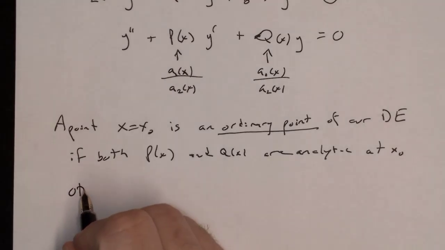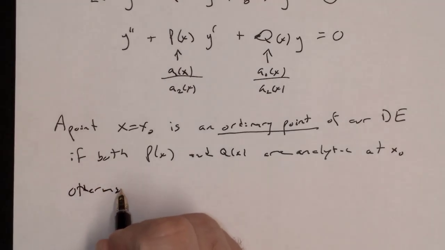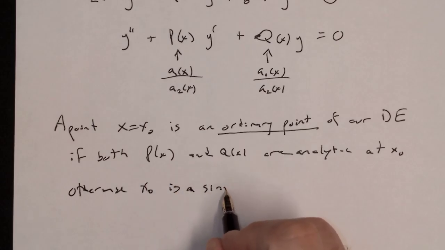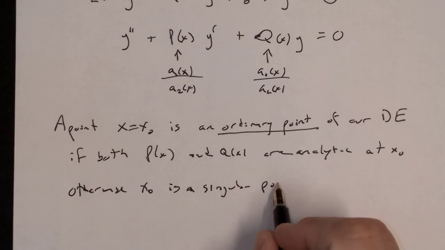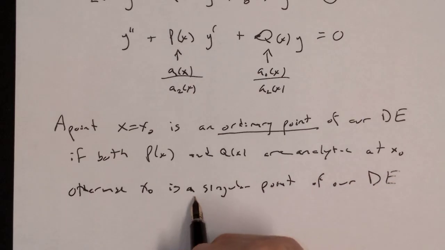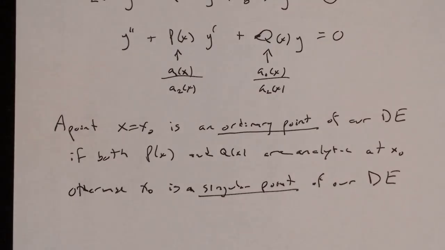Otherwise, x0 is a singular point of our differential equation. So points come in 2 types, ordinary and singular.